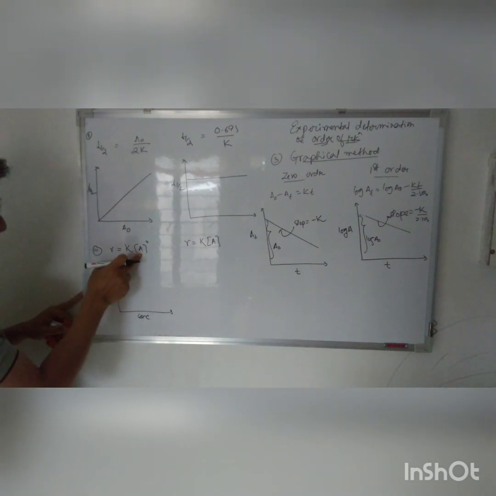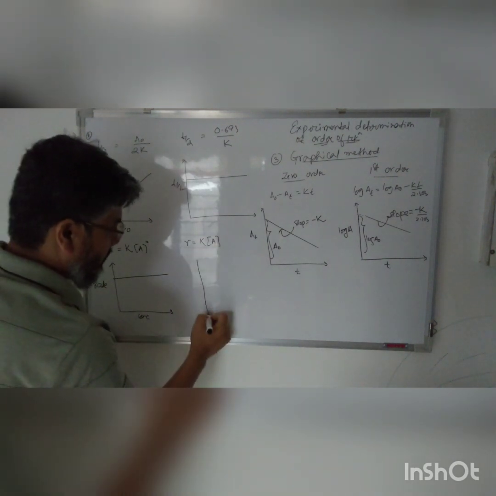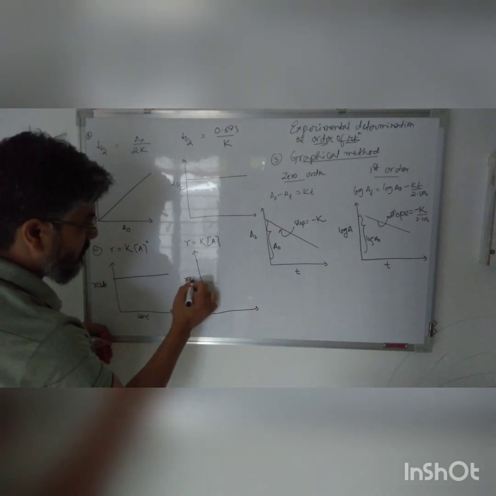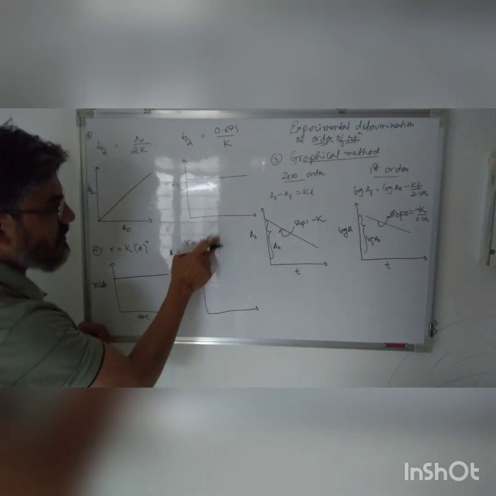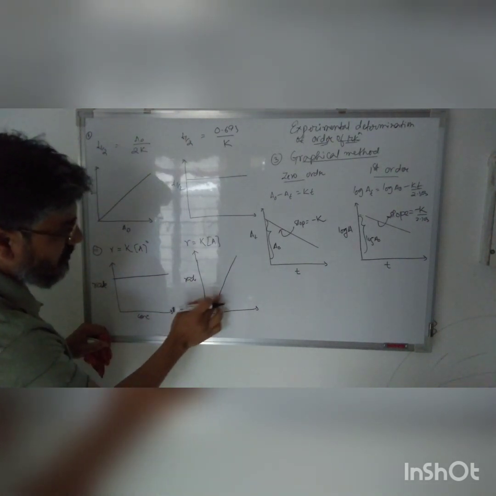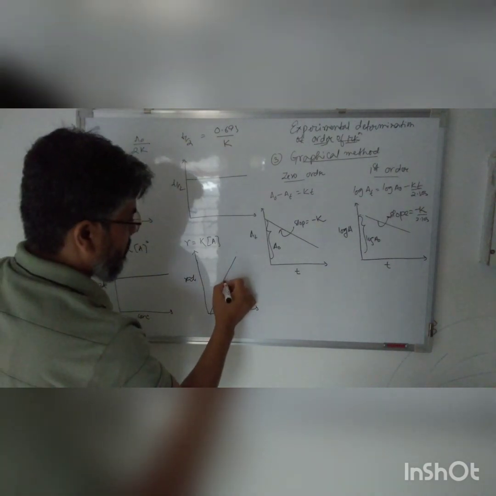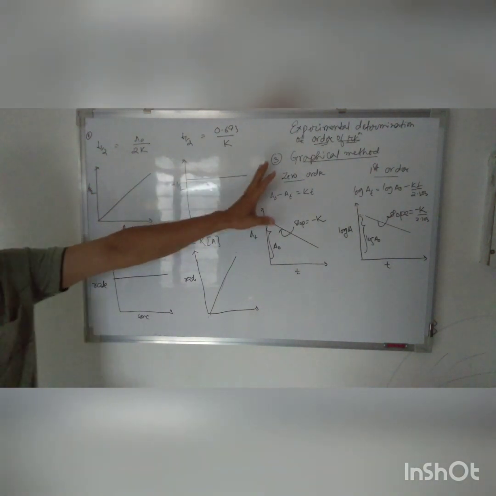So this is concentration independent, so rate remains constant. For first order kinetics, rate is directly proportional to concentration raised to power 1. So this is the equation of a straight line passing through origin. So we can take help of this graph to define what is the order of a reaction.